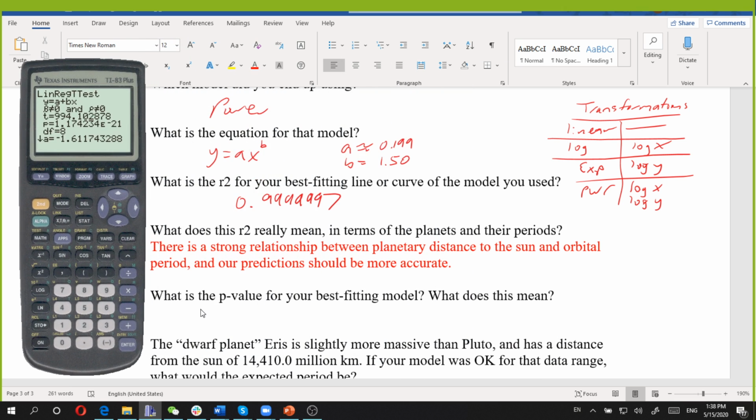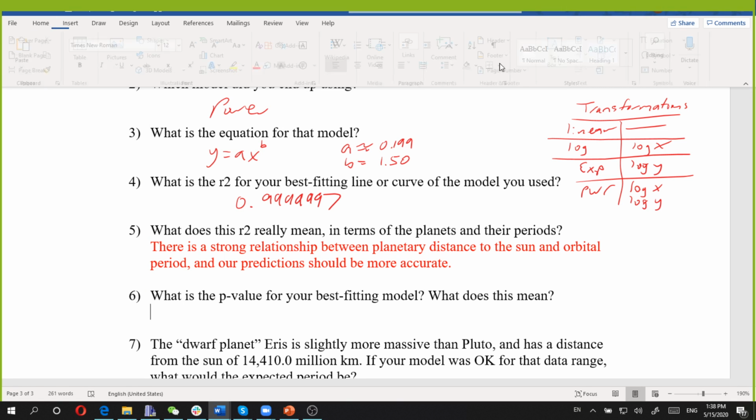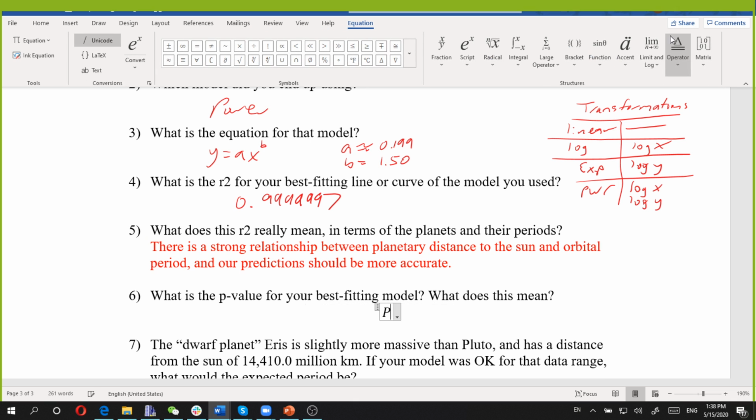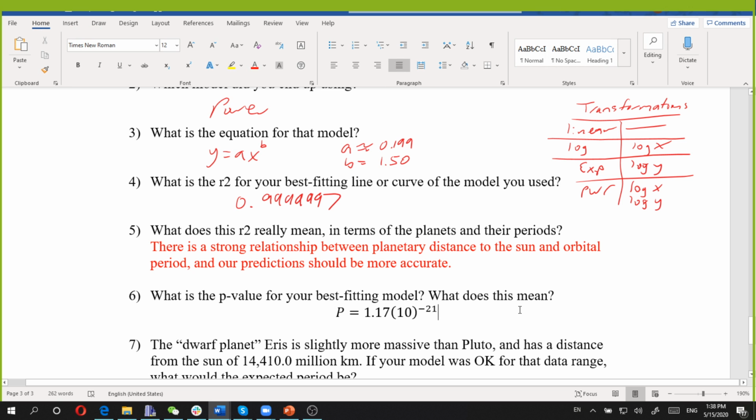What does that actually tell us? What does it mean? That what would occur?